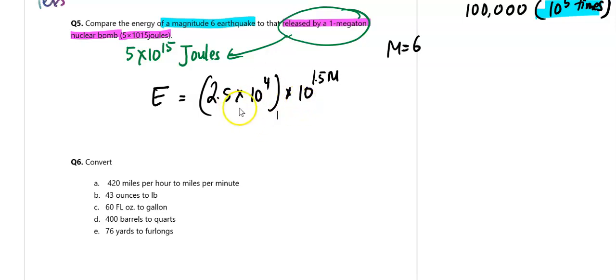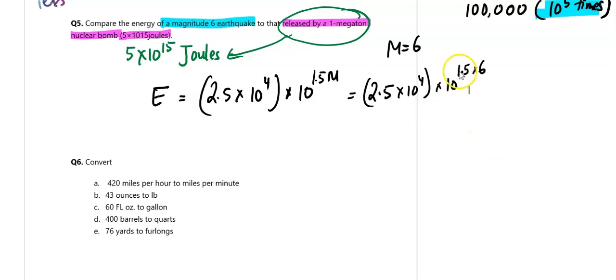Again, if you remember, when you did this before, you use this formula to find the energy released by an earthquake. Here m is the magnitude, and you substitute the m value here: 2.5 times 10 to the power 4 times 10 to the power 1.5 times 6.